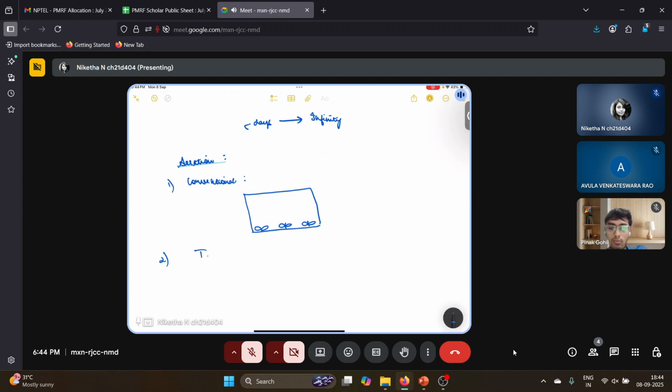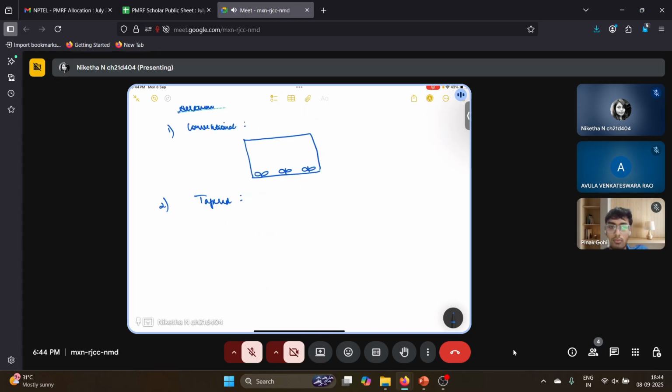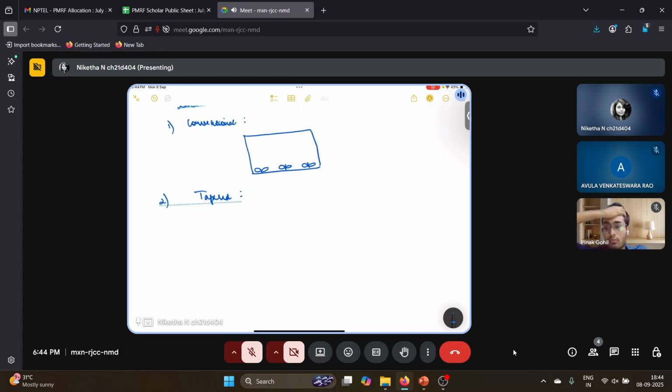The second one is tapered. In tapered, the aeration is provided at the inlet alone. At the inlet, there is a large number of aerators present, maybe multiple aerators throughout the width of the tank also.